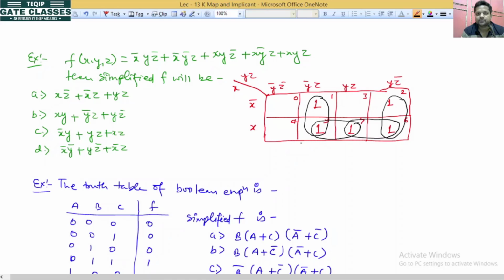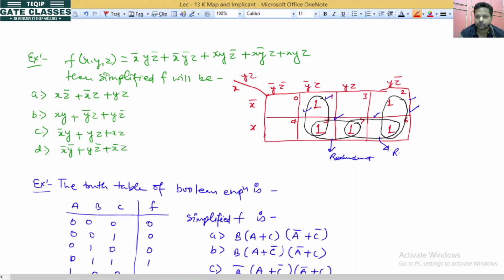Now we are going to decide which one is redundant. If you consider this one, this one, this one, then this pair is redundant. But if we consider this pair and this pair, then in that case this one is redundant.